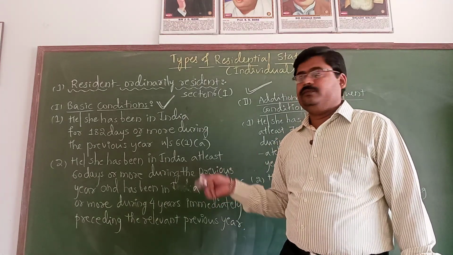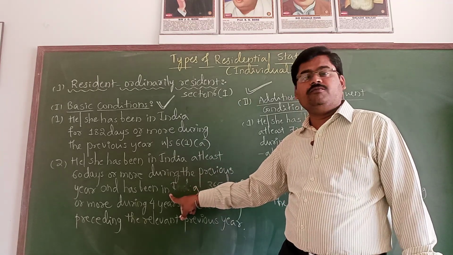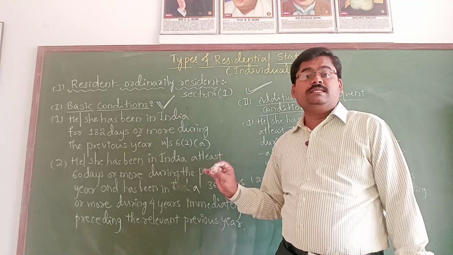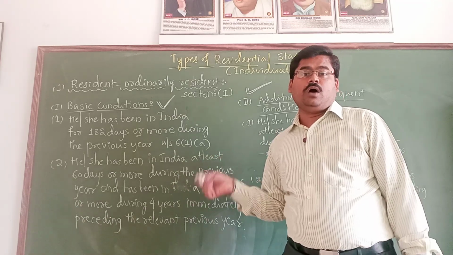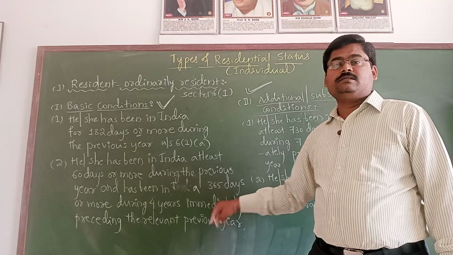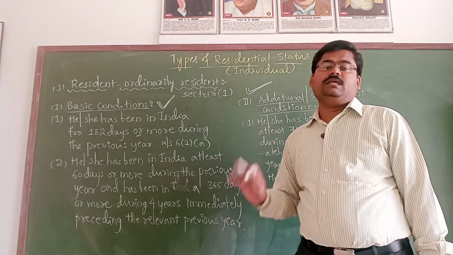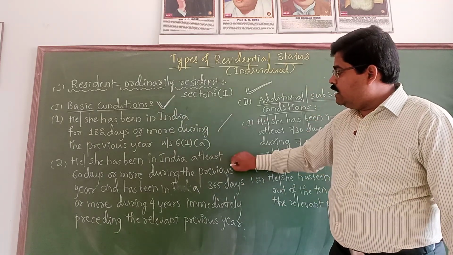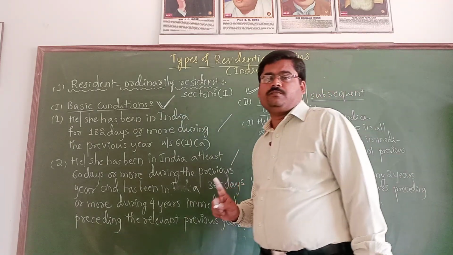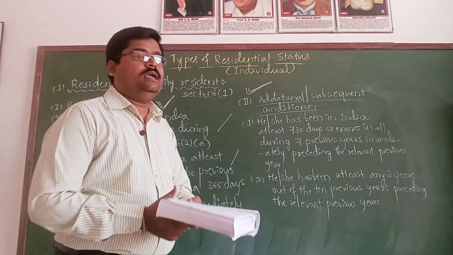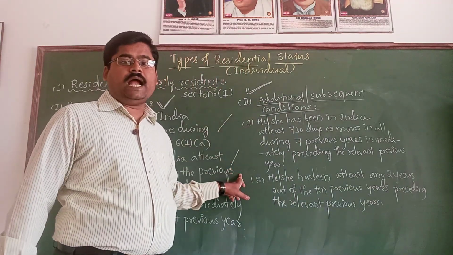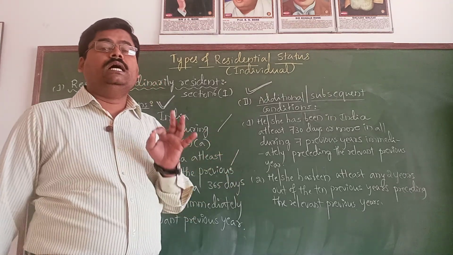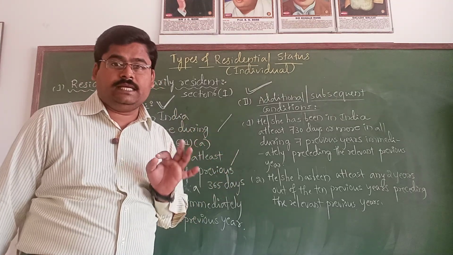Not only that, he must be in India at least 365 days or more out of the 4 years immediately preceding the previous year. If he satisfies any one of the basic conditions, and apart from that, if he satisfies both these additional conditions, then that individual is called the resident ordinarily resident.